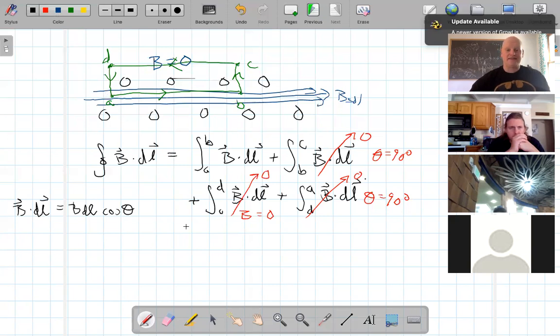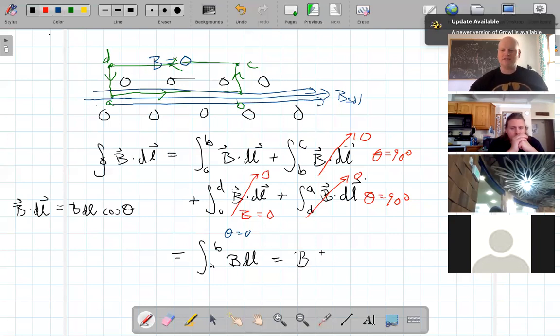Which means that this thing becomes simply equal to the integral from A to B of B times dl, because here I'm taking the dot product at 0 degrees. So cosine of 0 is simply equal to 1. Now, I didn't really draw everything parallel like I should have, but since this line is parallel with the magnetic field, it means that the magnetic field is constant along this line, so I can pull that outside of the integral.